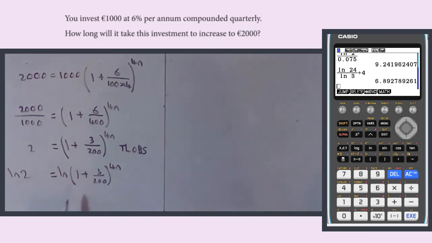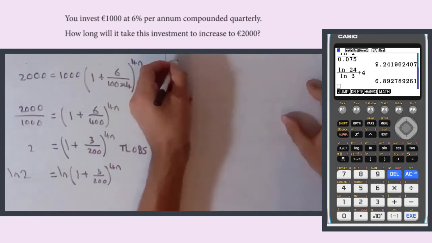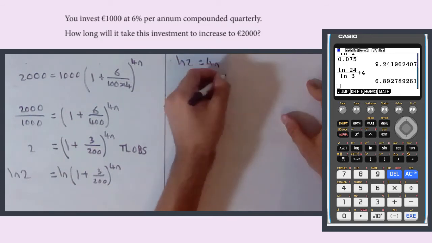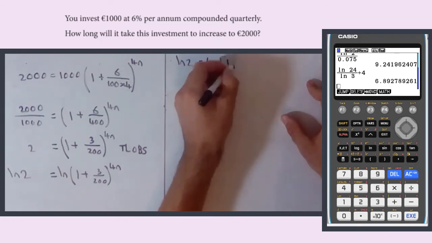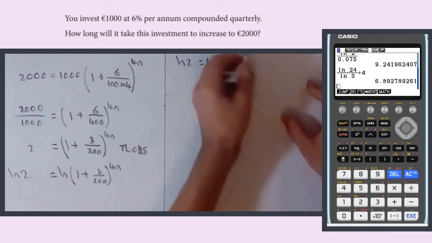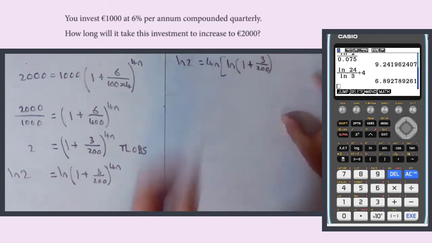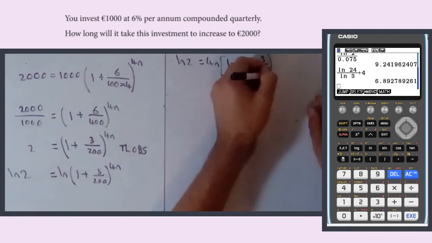So now we're going to use the third law. Going to get that 4n out of there. So that would say ln2 equals 4n times ln (1 plus 3 over 200), close the brackets.